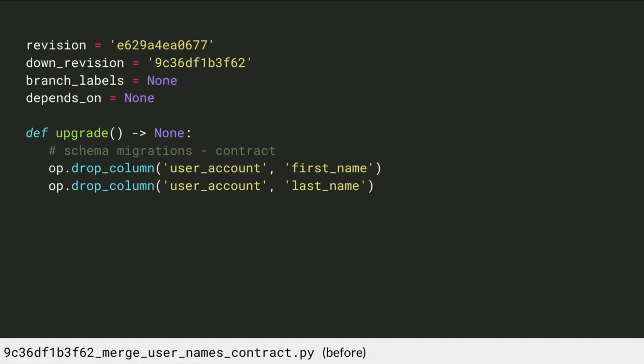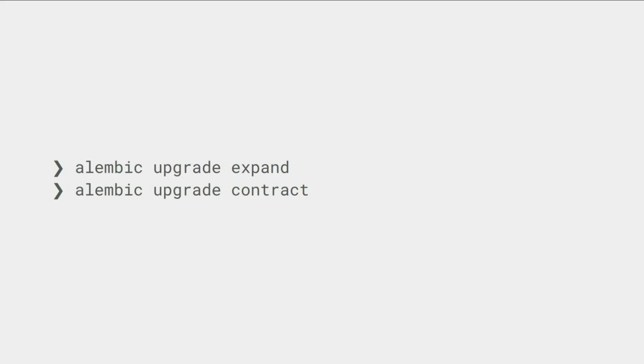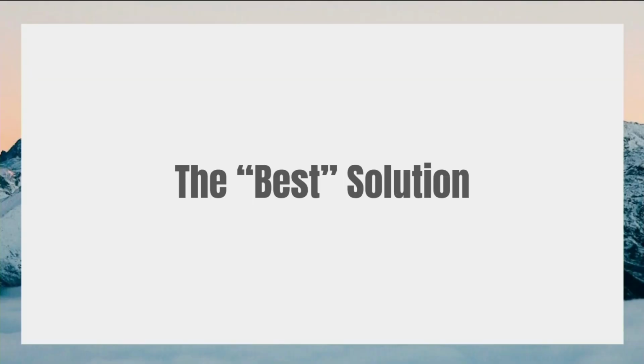And then similarly, once you've done that, once your application has run for a while, you'll be able to go and run your contract migrations. And that ends up looking something like that, which is a slight improvement again, but we can obviously go further.